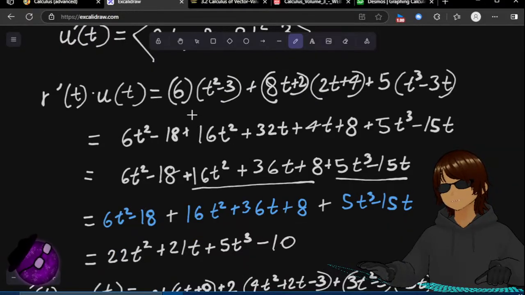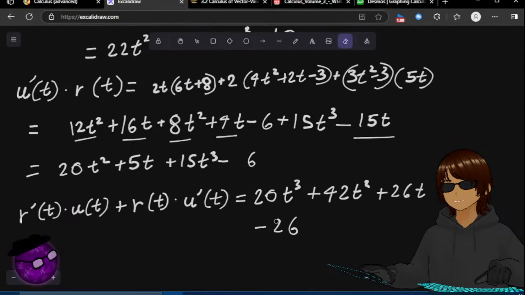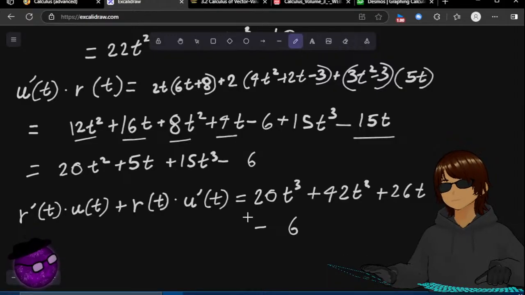So 6 times 3, 4 times 2 is 8. Well, here 2 times 3 is minus 6. Where did I get minus 16 from? It's supposed to be minus 6. Then after minus 10, it will become minus 16.